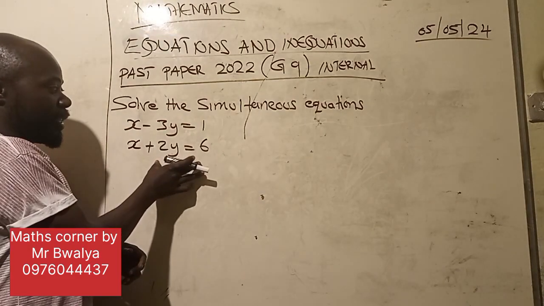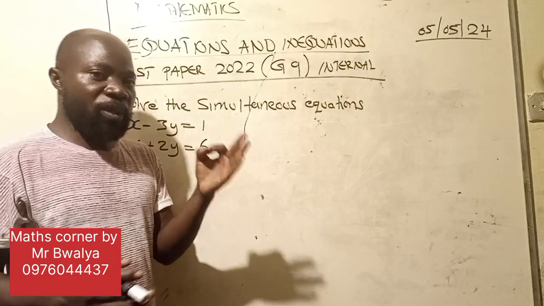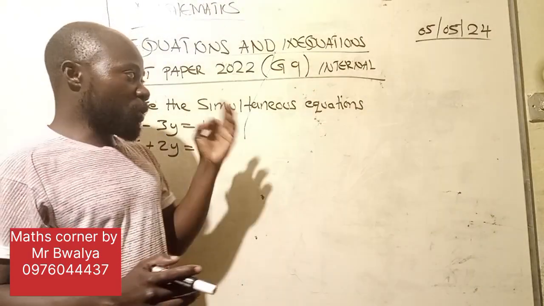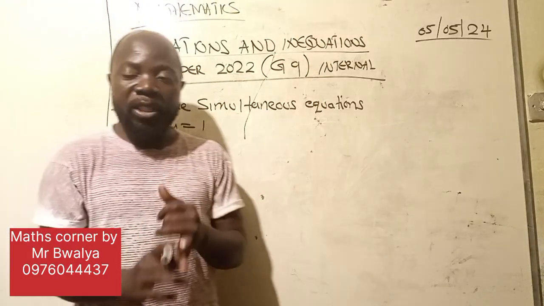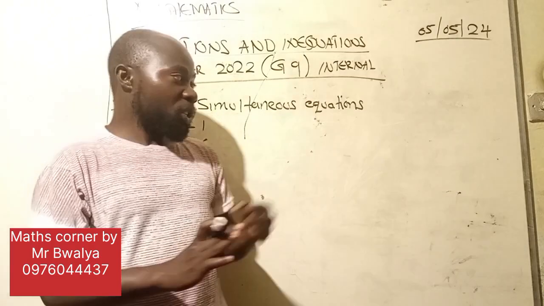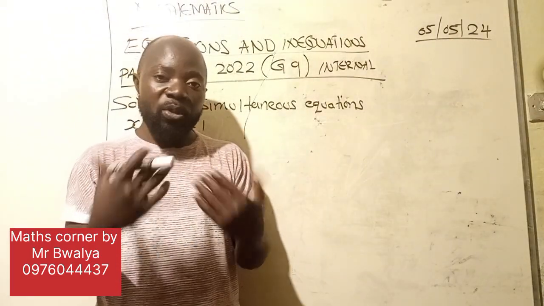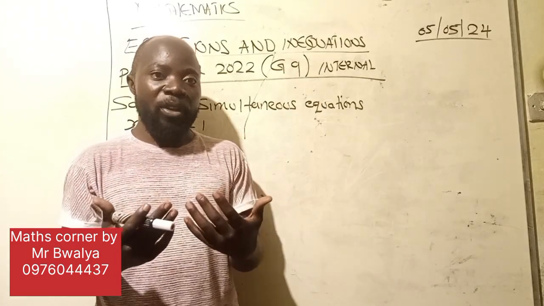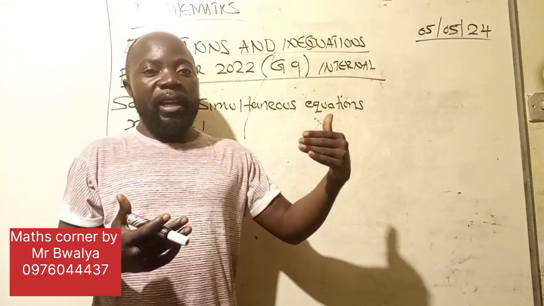Remember, when you've been given simultaneous equations, there are three methods that you can use to solve them. They don't specify to say use elimination method, or substitution method, or graphical method. It's up to you which method is simple for you. They don't restrict you.